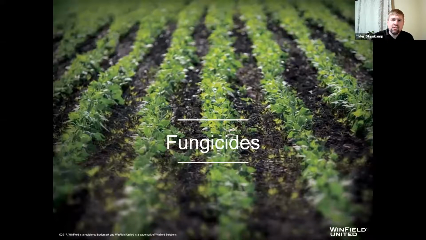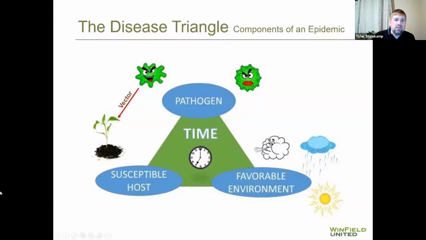One of the first things that I always want to talk about when we're talking about fungicides is this disease triangle. And I know before you go and zone this out, guys, this is really, really important. I don't think a lot of people truly understand what this means.